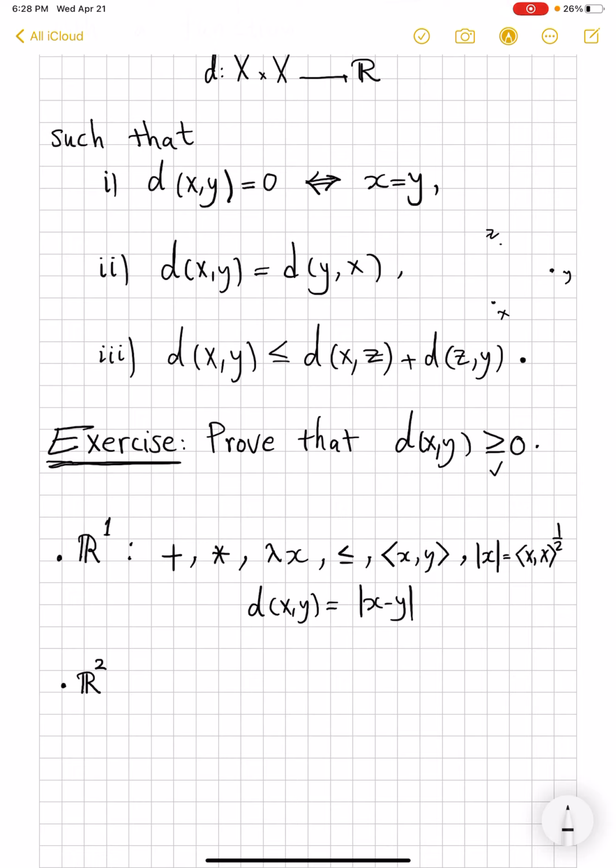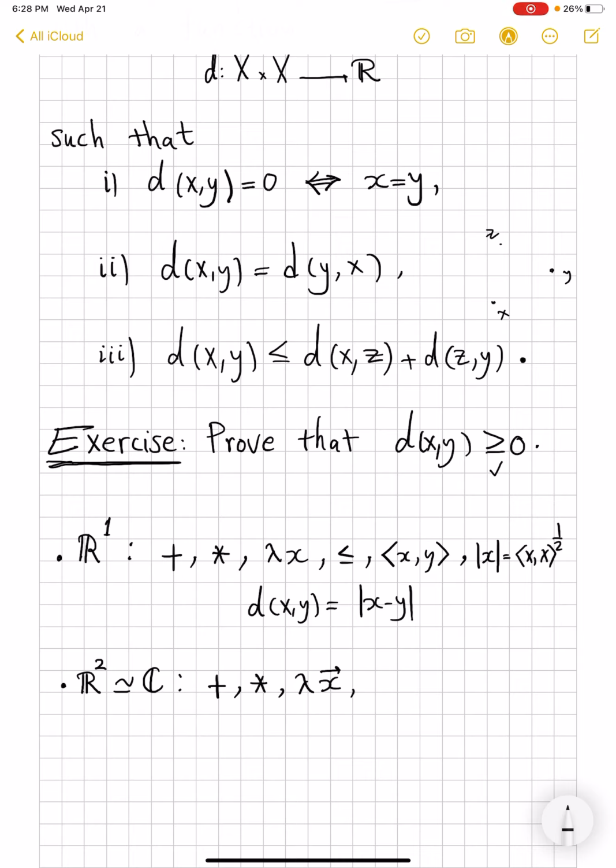As soon as you move into R2, you lose the ordering, the well ordering of this set. However, especially because you can identify it with the field of complex numbers, you still have a notion of addition of vectors this time. You have a notion of multiplying vectors by identifying them with the corresponding complex numbers. You have this notion of scalar multiplication of vectors: lambda is a real number, x is a vector.